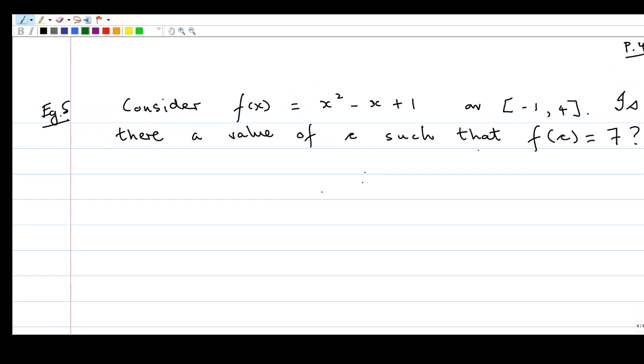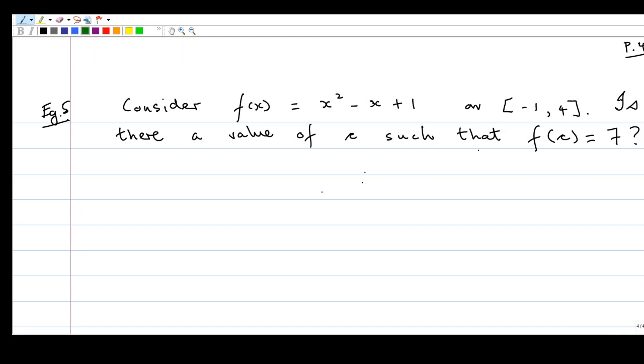Consider f of x is equal to x squared minus x plus 1 on the closed interval from -1 to 4. Is there a value c such that f of c is equal to 7?